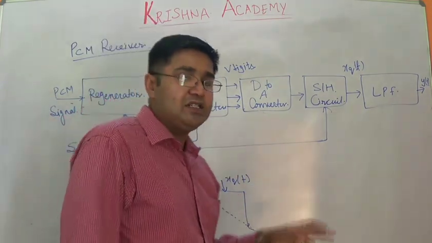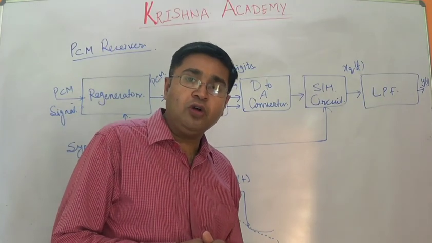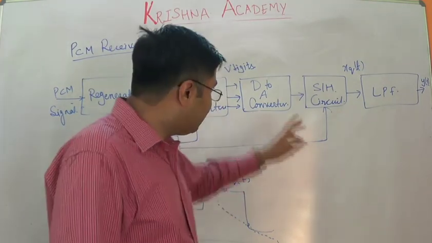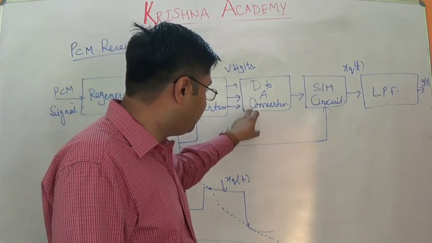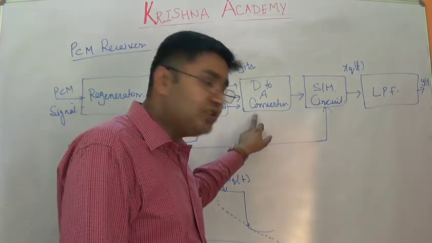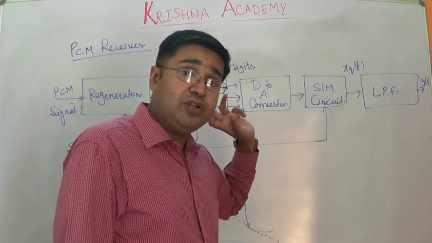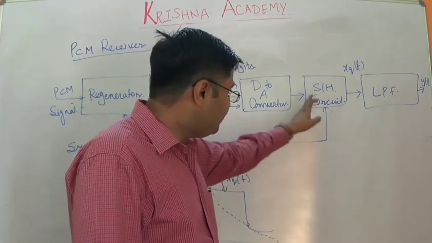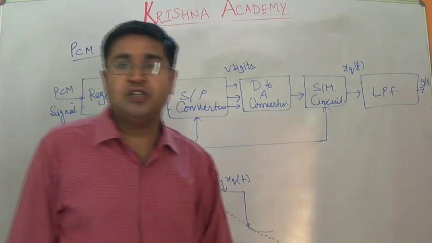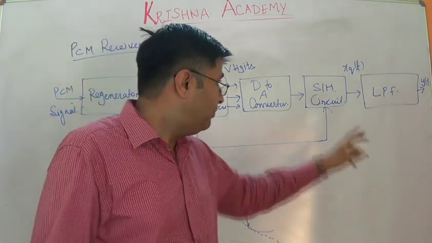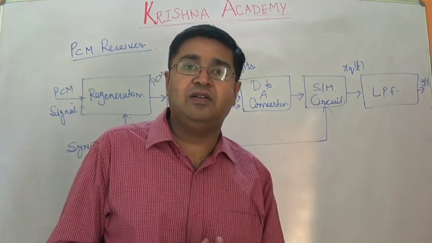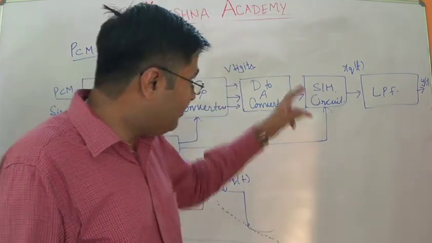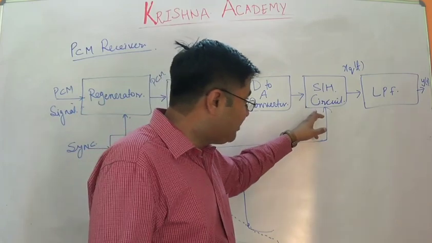This can happen by the D2A converter, that is the digital to analog converter. This digital to analog converter will change this signal into the analog signal, which was actually the modulating signal, and we will use it to get the S and H circuit and the proper signal which was earlier available to us. Why are we using this S and H circuit?